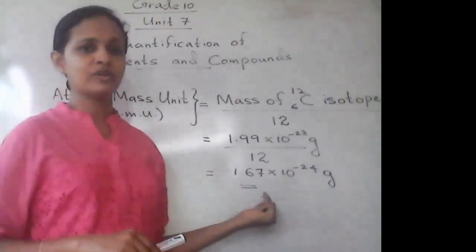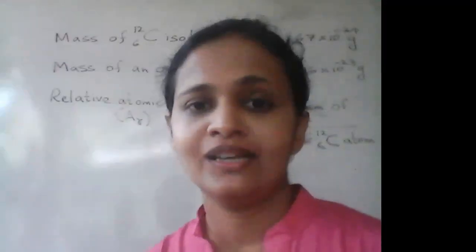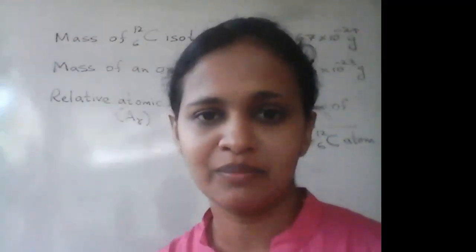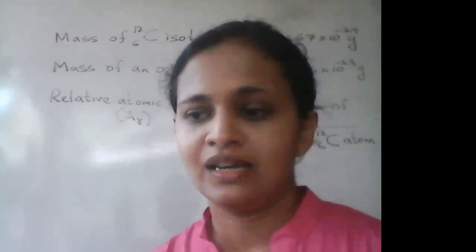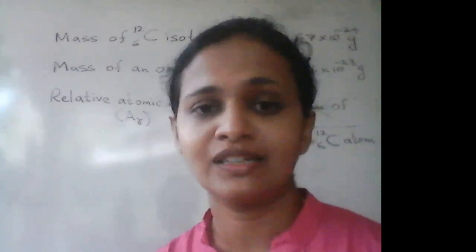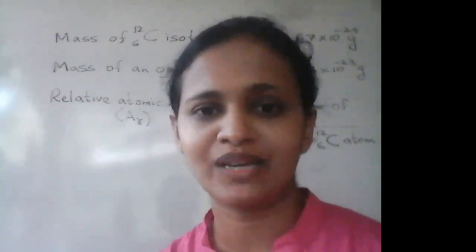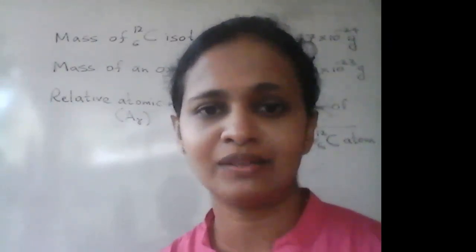It is 1.67 into 10 to the power minus 24 grams. The relative atomic mass is how many times the mass of a given element weighs when compared to the atomic mass unit. That is what we call the relative atomic mass.